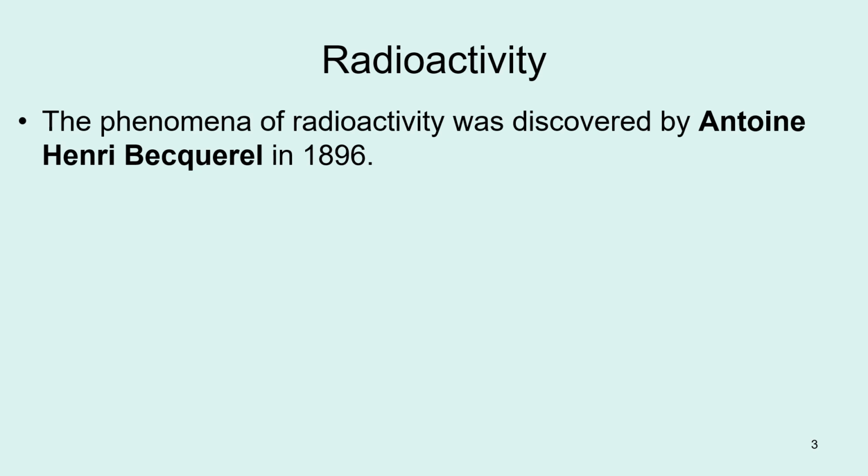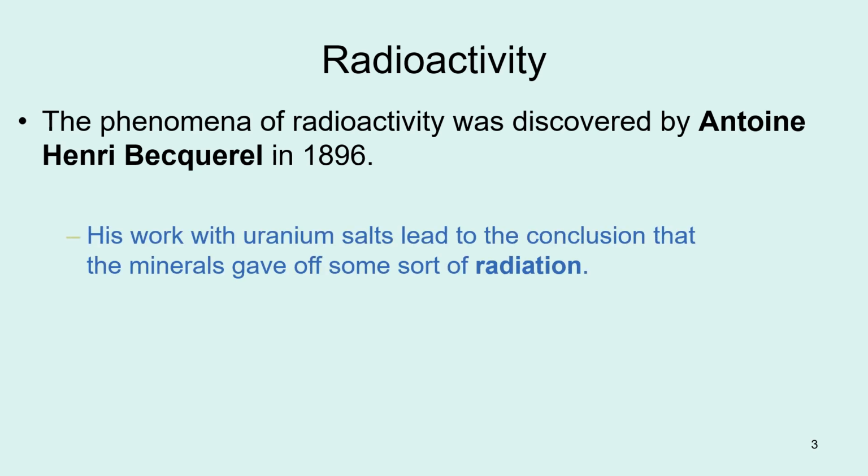So what is radioactivity? It's always been around, but it was first discovered in 1896 by Henry Becquerel. He worked with uranium salts, and he was able to see that it gave off some sort of radiation.